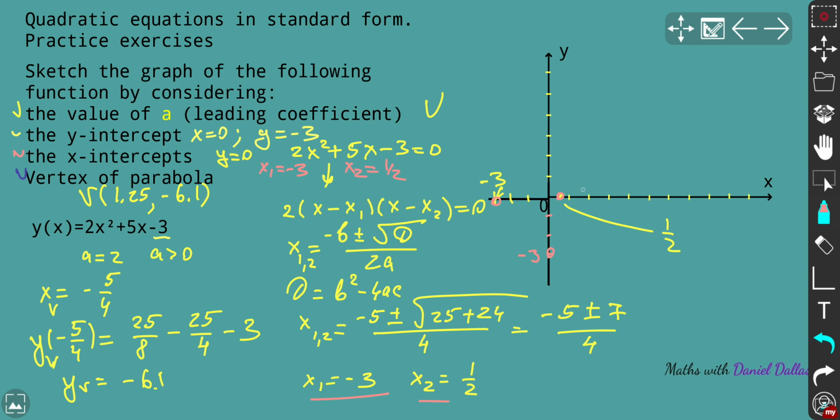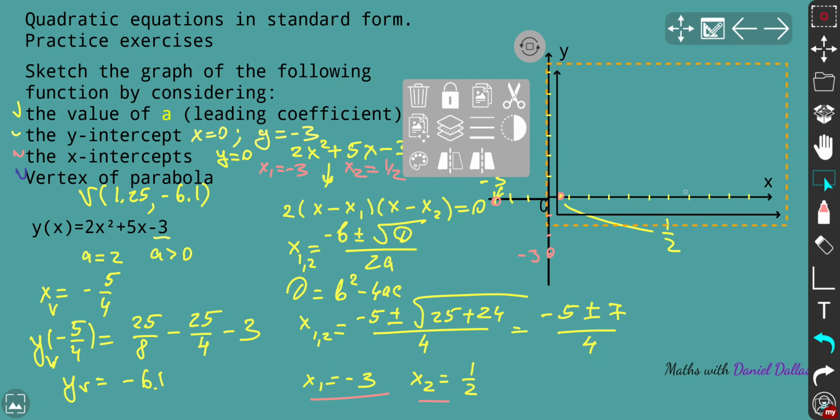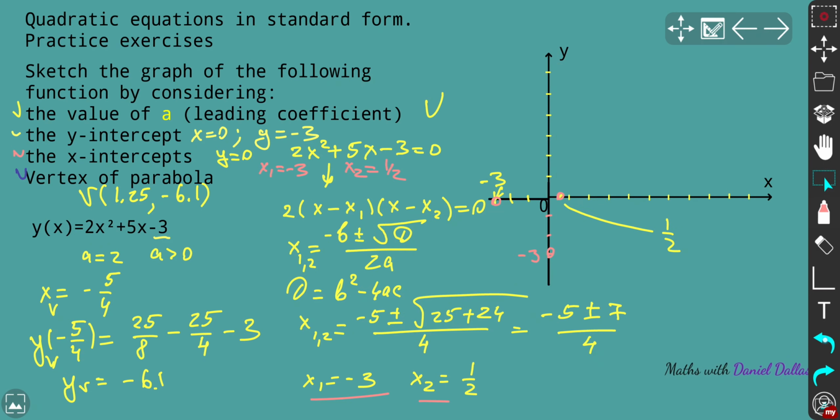So negative 1.25 stays for x, and negative 6.1 is somewhere around here. Anyway, that's the vertex. However, it's weird, yes?